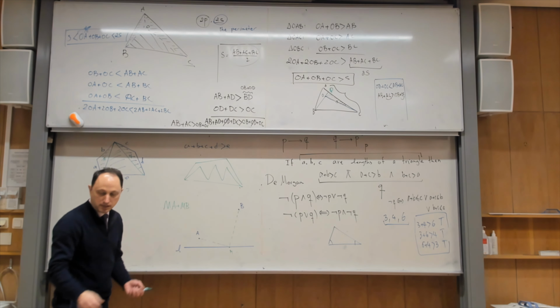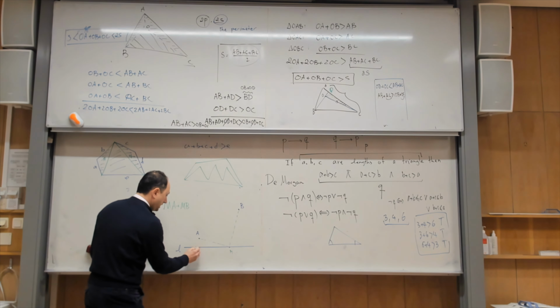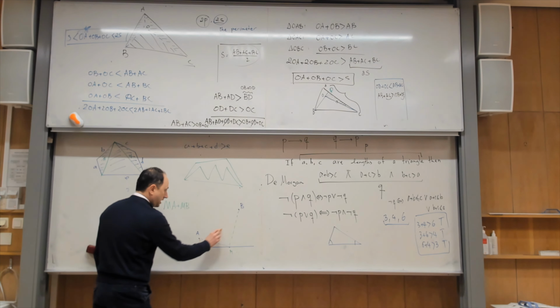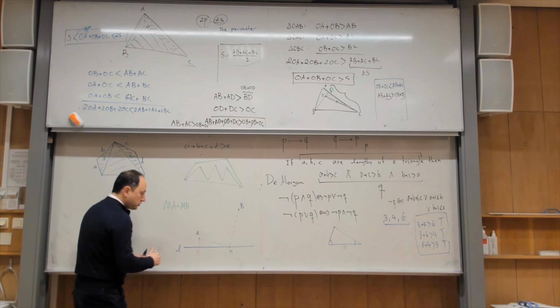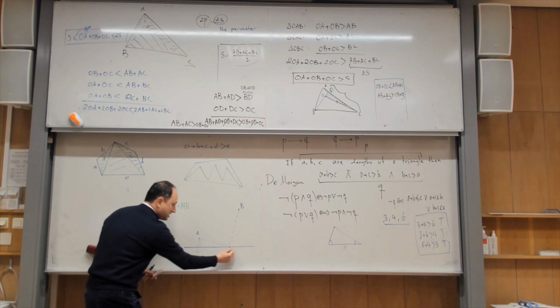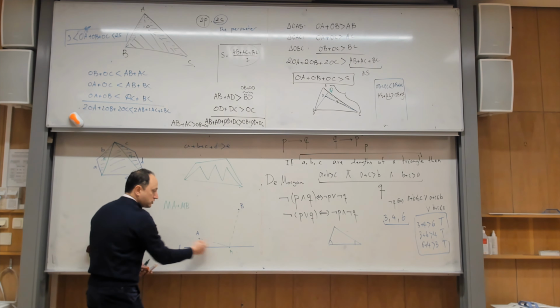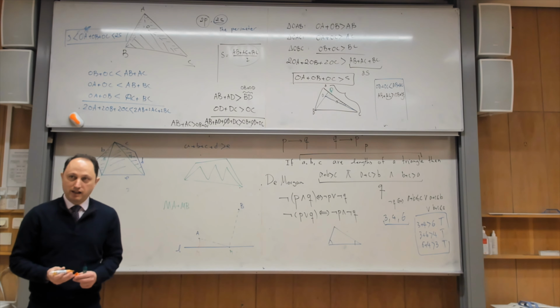So you see, what is the meaning of becoming minimum? If I take it here, then this length and that length are different. So I want to fine-tune the place of this M so that it guarantees that the sum of these two line segments is the minimum possible value.